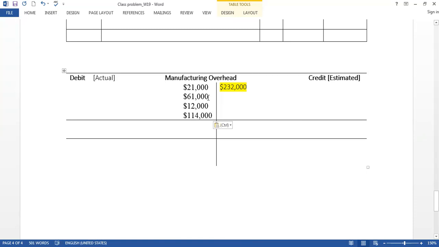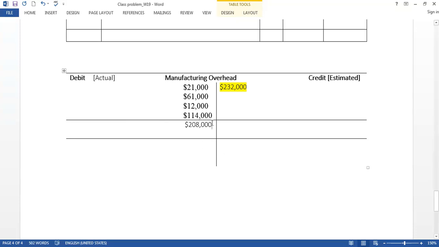Now we have to check whether debit and credit are equal or not. If debit and credit are equal, it means that you do not have any mistake. But when we add debit and credit, what is the total amount of debit here? Total amount of debit is $208,000, right?